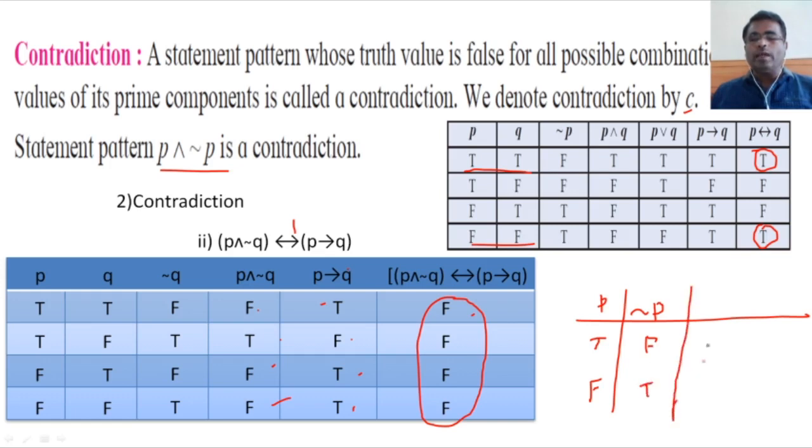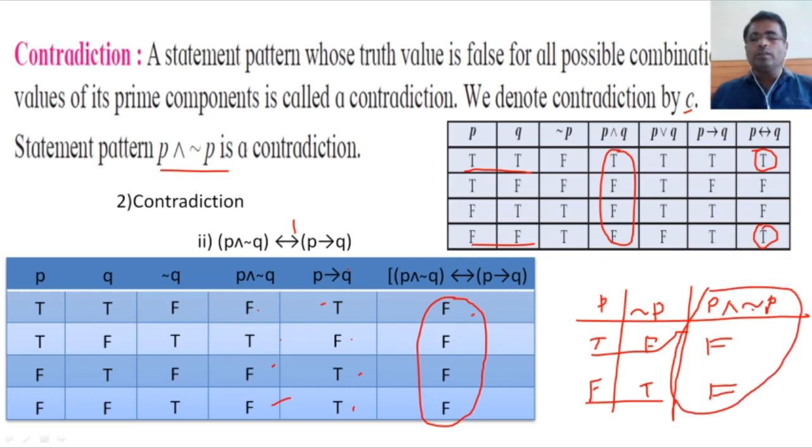And if you consider the AND operation between them, we have seen that if any one of them is false, then the resultant is false. So true, false gives false. Similarly, false, true also gives false. So you will observe that for this statement pattern, all the values are F only, and that's why this statement is also a contradiction.